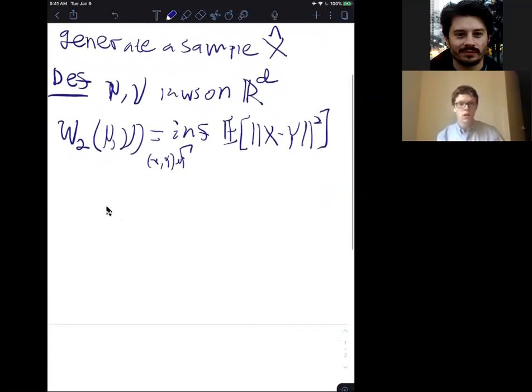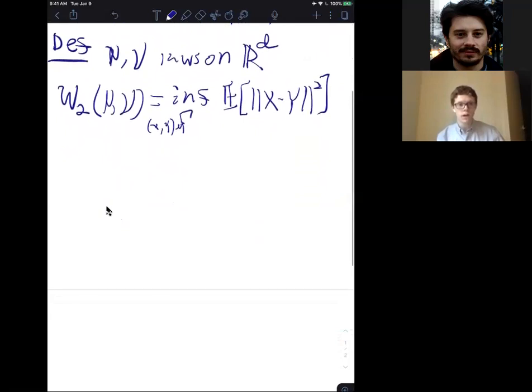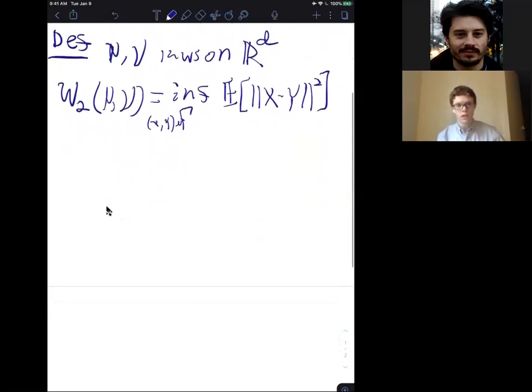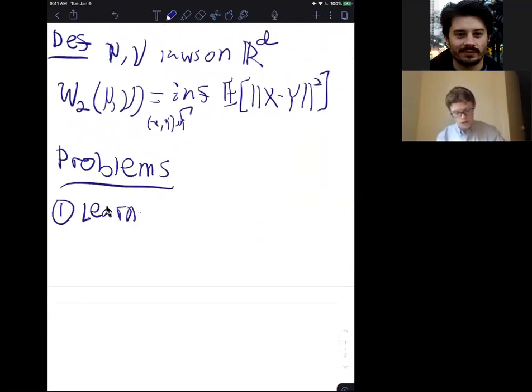And so overall, what we were actually looking at is image generation. And so there are two problems here. The first problem is learning P. And also, if you guys have any questions or want me to write more clearly or something, just interrupt.